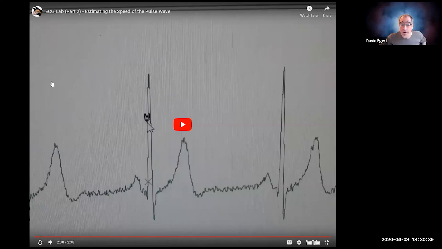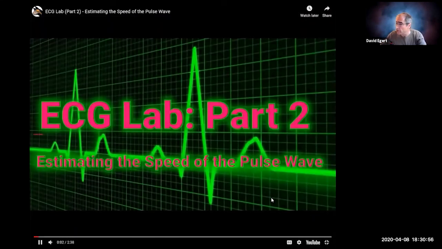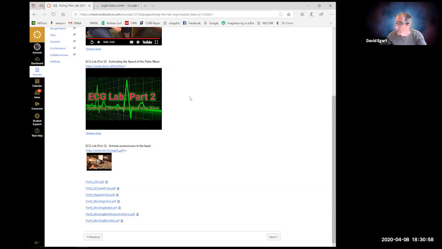So the last part is just looking at the pulse, taking off the EKG stuff. I'm trying to remember whether or not I actually put it on.